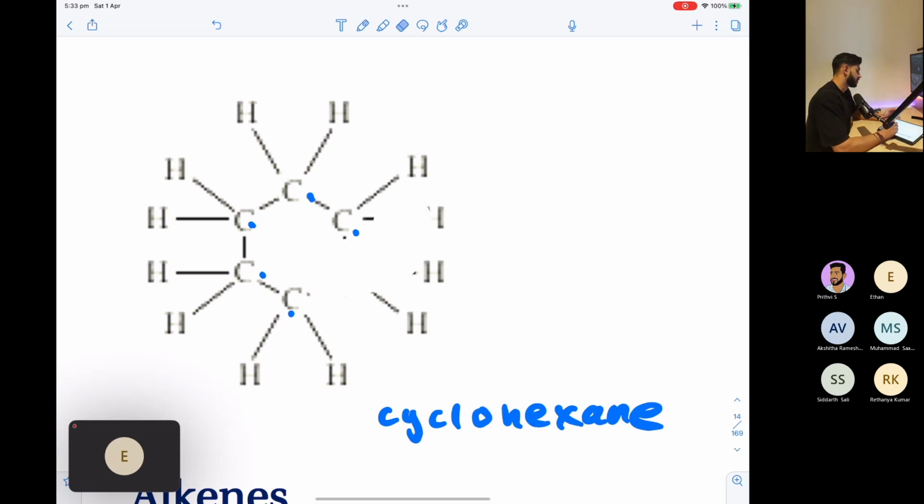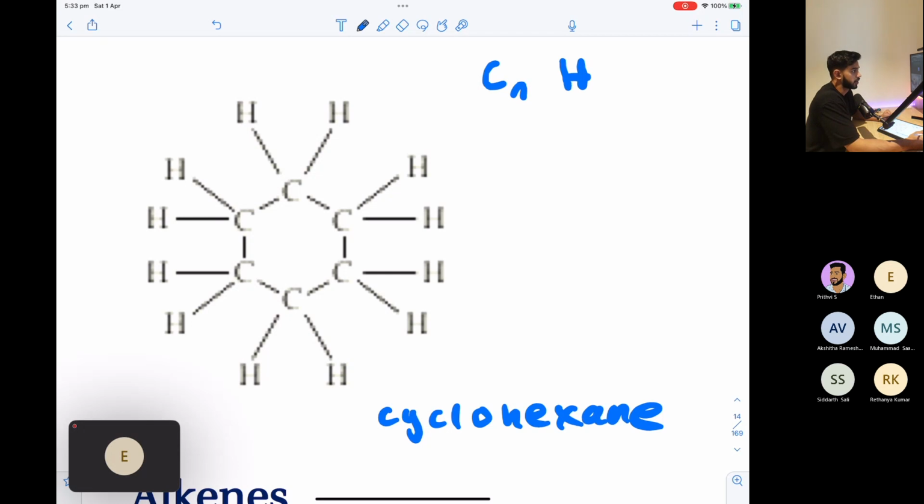Now, I'm going to give you guys a couple seconds to think about this. What is the general chemical formula of a cycloalkane? Use cyclohexane as your example. What I'm asking you is when C is equal to n, what will H be equal to with a cycloalkane? Hit the raise hand icon once you've got an answer.